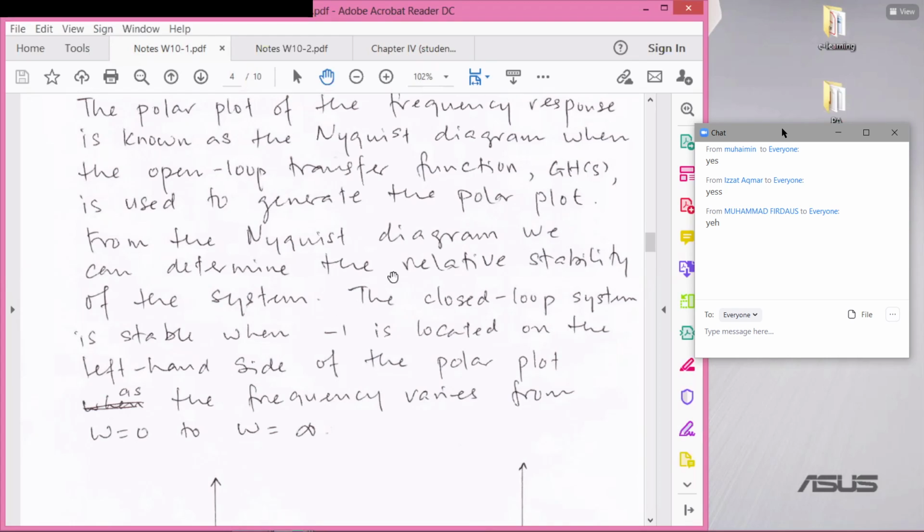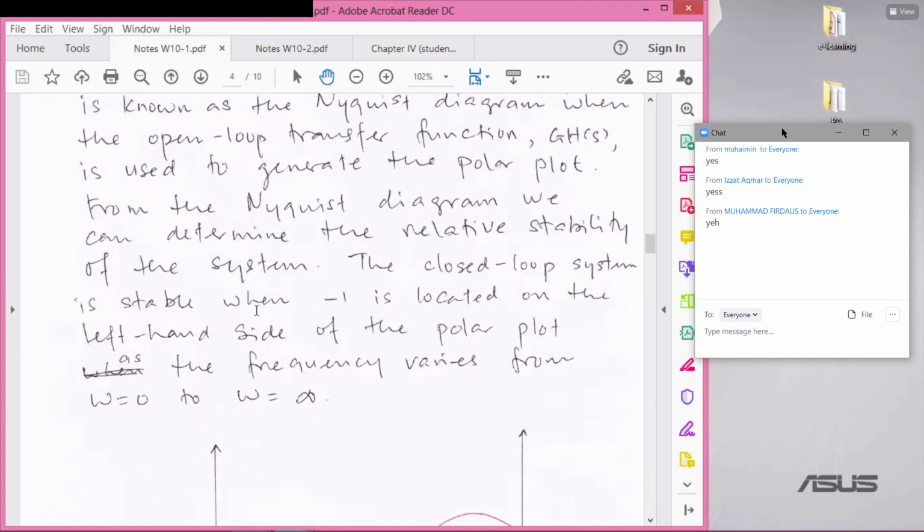That is called the relative stability of the system. From the Routh table, we can know whether the system is stable or not. But here, in addition to that, we can also know how far away we are from instability.